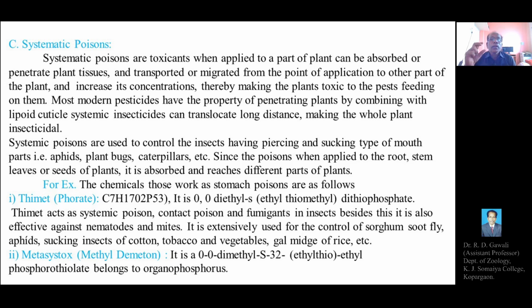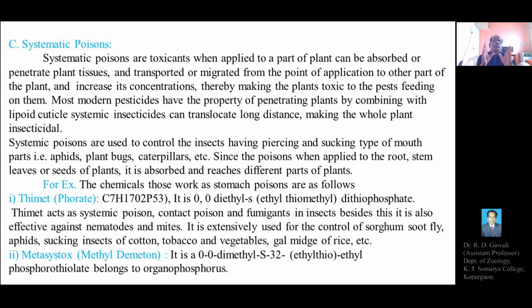So most of the modern pesticides have the property of penetrating plants by combining with the lipoid cuticle of the insect pest, and serve as systemic insecticides also, and can translocate a long distance, making the whole plant insecticidal.